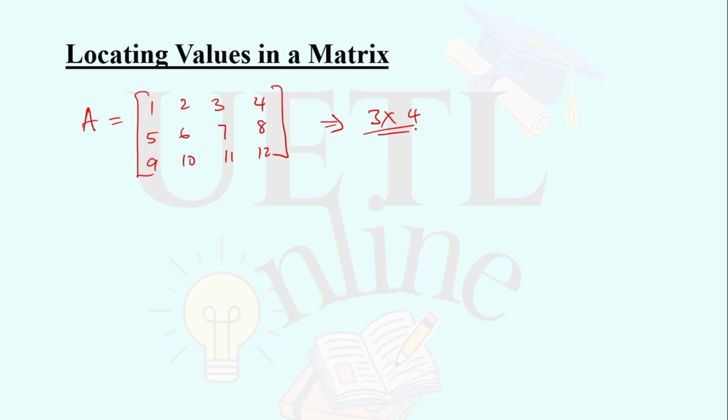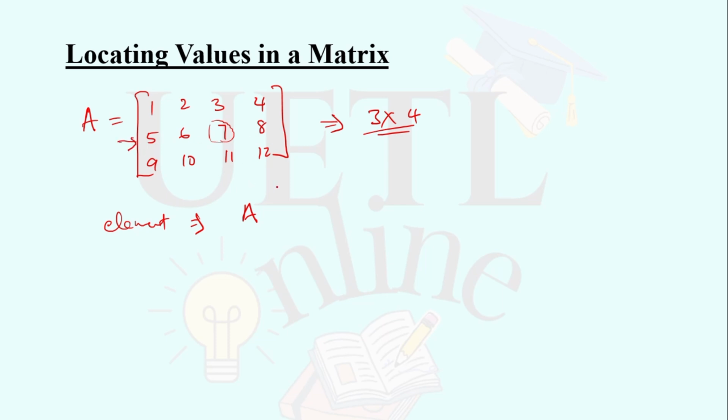Given this matrix, to locate a number inside, let's say we want to locate this 7. The first thing is to write the element: you write A, the name of the matrix, and then the number of the row it is in. You can see that it is in the second row.